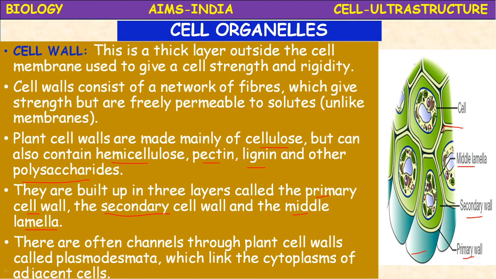The lines represent the cell wall, and the middle lamella is there. These plasmodesmata especially help in connecting adjacent cells. So for example, this is a plant cell, one cell.